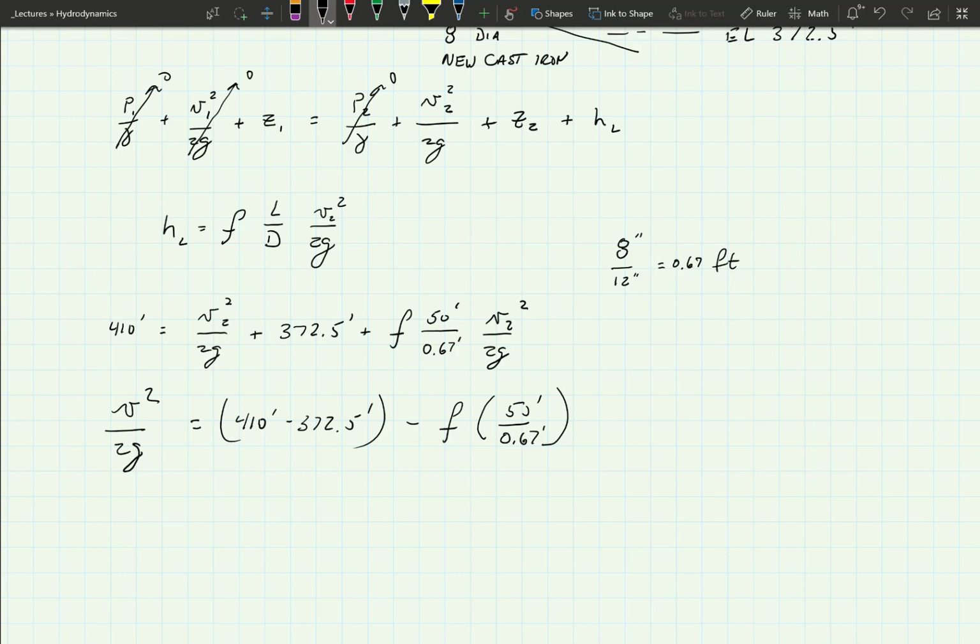I did that wrong. I am looking for V2 squared over 2G times 1 plus 50 over 0.67 F.